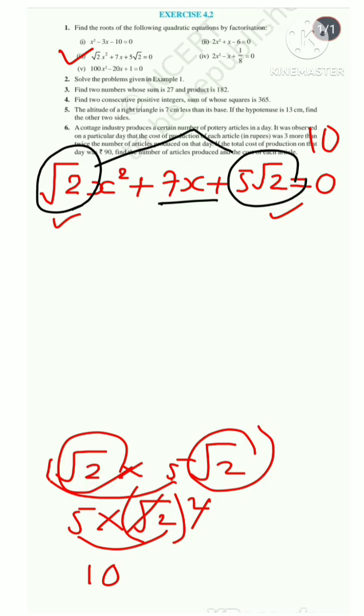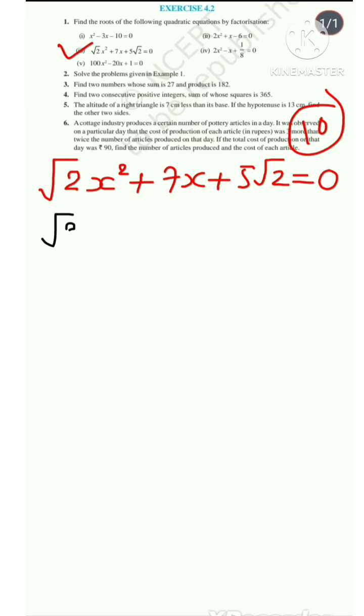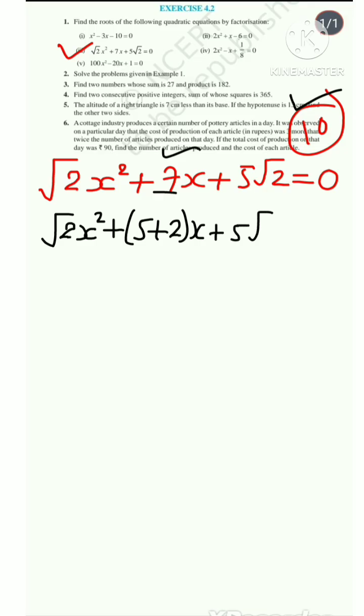So we can solve like this: root over 2x square as it is, plus now this 7 can be split into 5 plus 2x, because when we multiply 5 and 2 then we obtain 10. Similarly, when we add 5 and 2 then we obtain 7, right? And this plus 5 root over 2 as it is equal to 0.